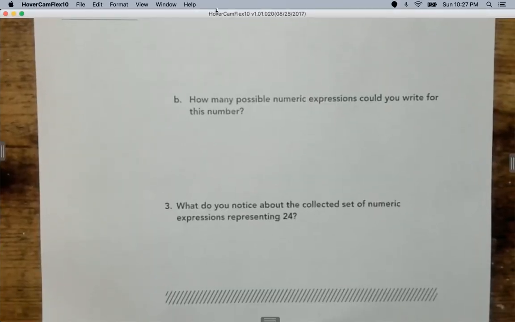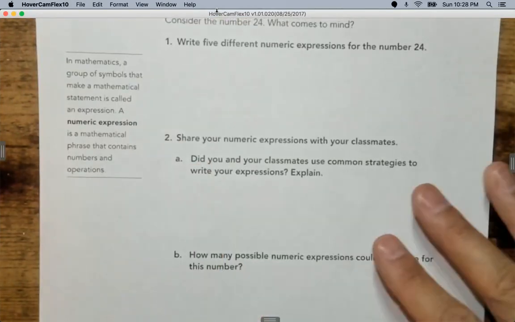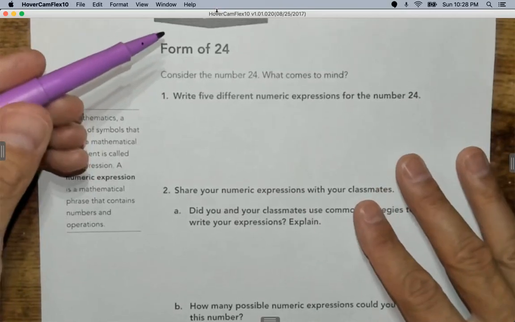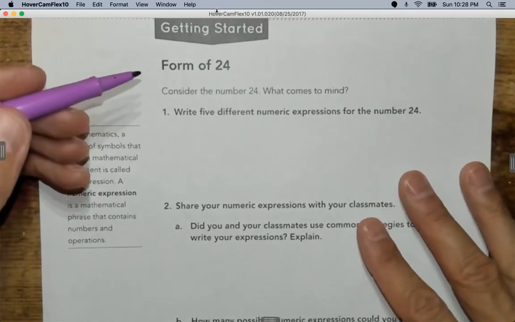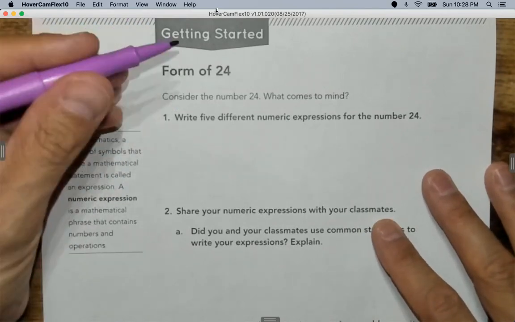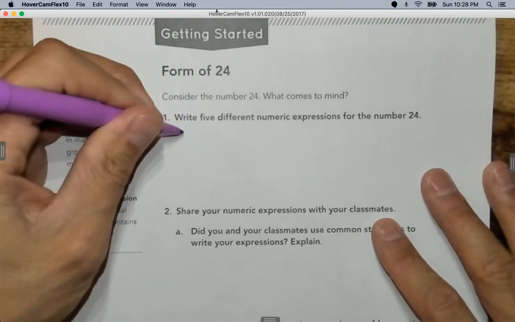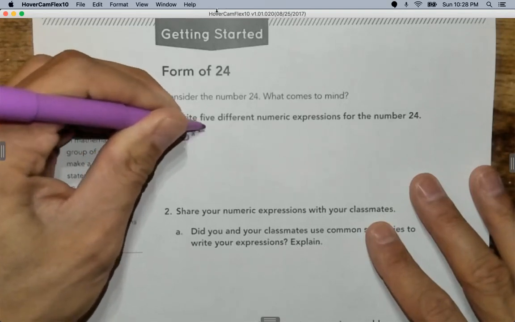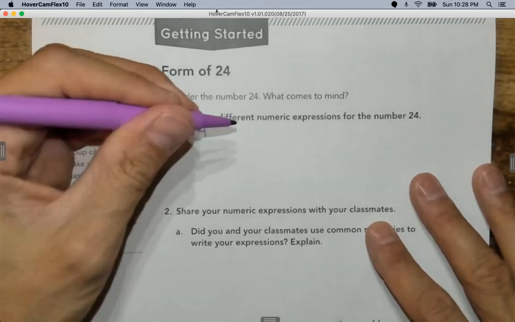Getting started. Form of 24. Consider the number 24. What comes to mind? Write 5 different numeric expressions for the number 24. We had the class do this, and we had a whole bunch of different solutions.